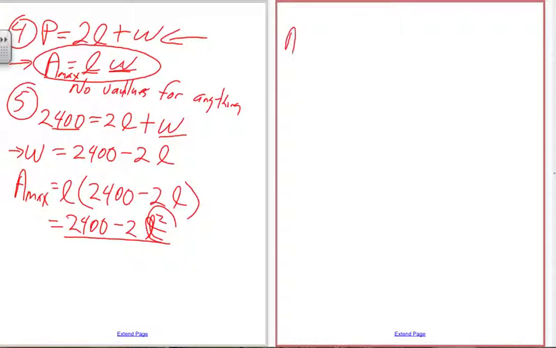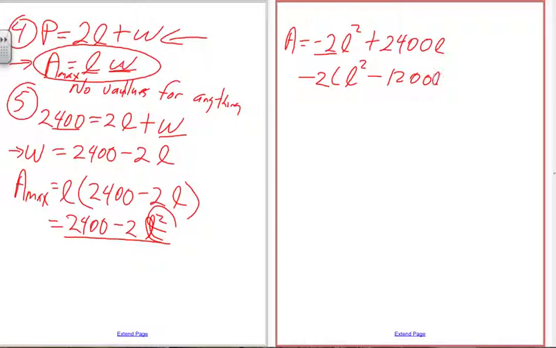So my area is going to equal negative 2L squared plus 2400L. All right. I don't have a 1 in front of there, so I'm going to have to factor out my negative 2. That's going to leave me with L squared minus 1200L.